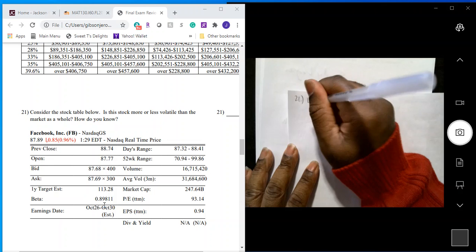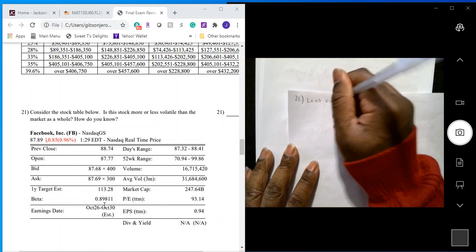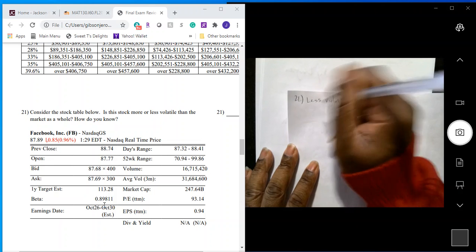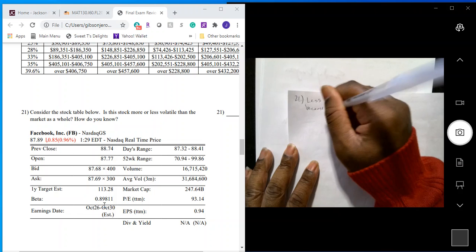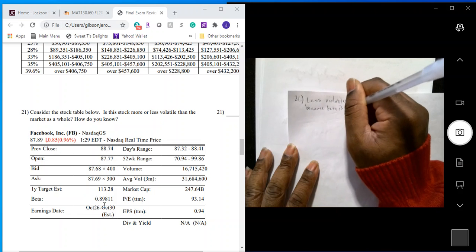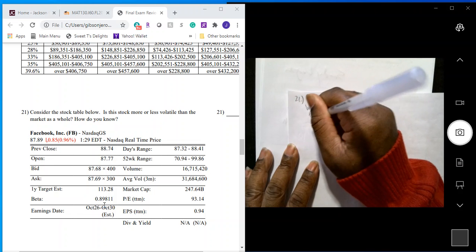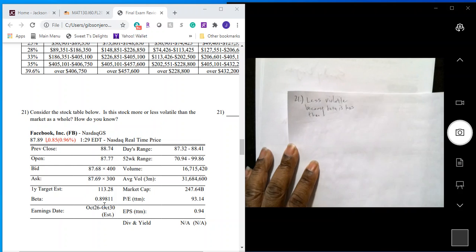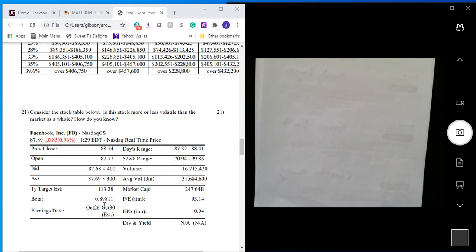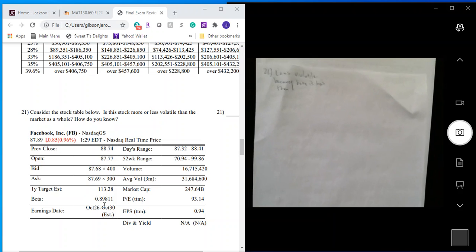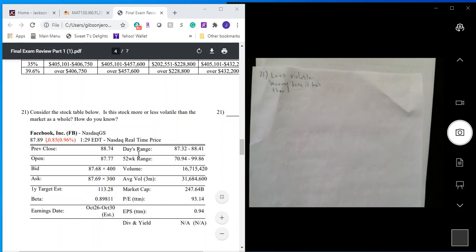So it's less volatile because beta is less than 1. Whenever it's less than 1, then it's less volatile than the rest of the market. So that lets us know that it's less volatile.